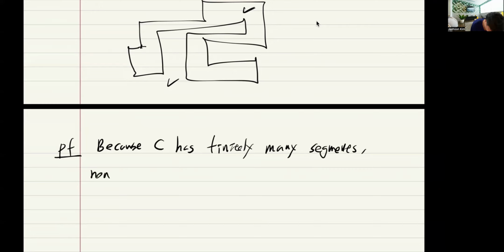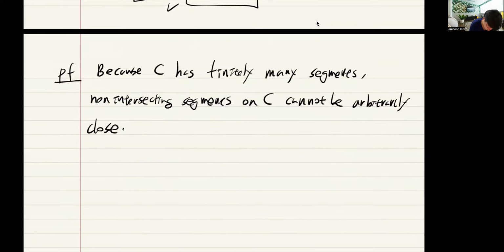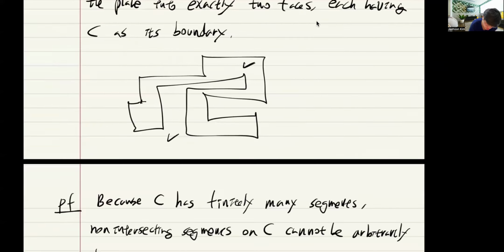So any two non-intersecting segments on C cannot be arbitrarily close. So we can choose a certain epsilon so that the epsilon is smaller than any distance between two non-intersecting segments.